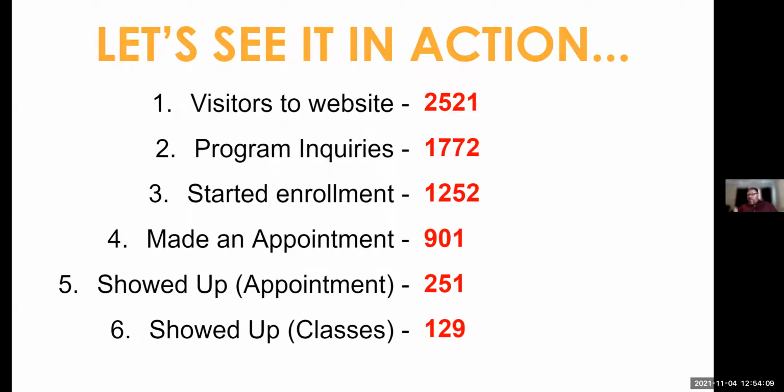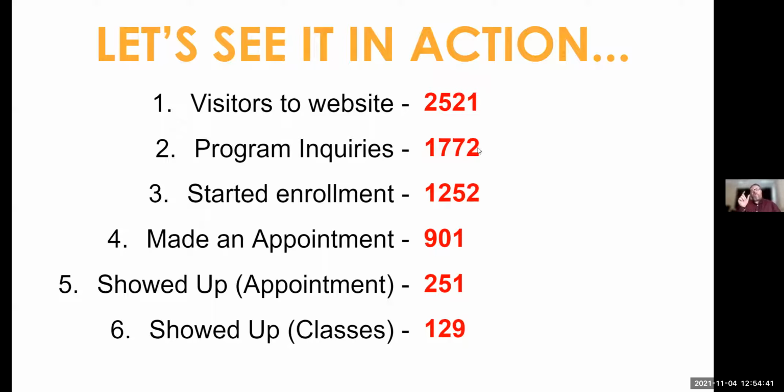So if I'm looking at the numbers right there, and I actually didn't calculate this one, so I'm going to pop my calculator up. If I'm picking one number, I'm saying that 129 out of 1,772, we took the first step, which is 7.27% of the inquiries. 7.2% of that number actually have come into class.